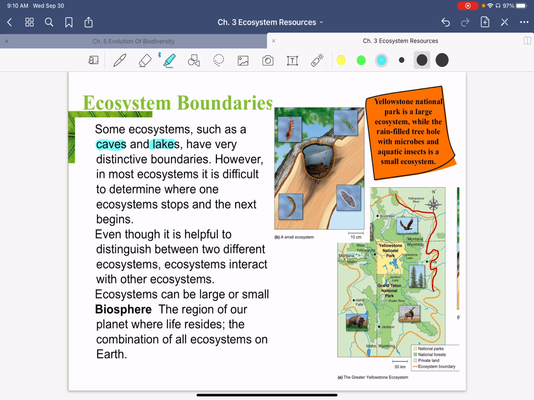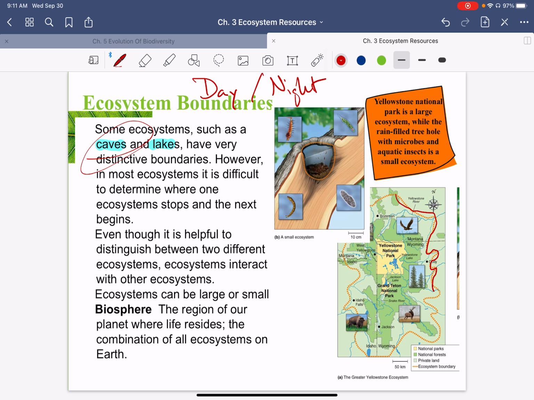And it's actually at these ecosystem boundaries that we have a vast increase in biodiversity because you've got things that live in both ecosystems. So if you think about caves, for example, at the cave entrance, you're going to have things that live inside of the cave, but you're also going to have stuff that lives outside of the cave.